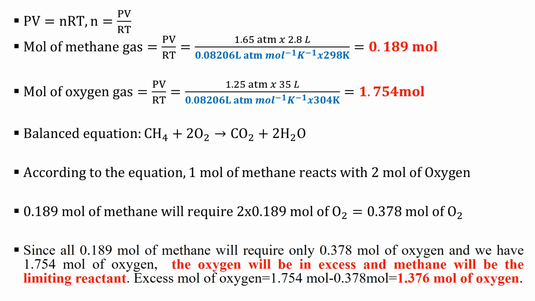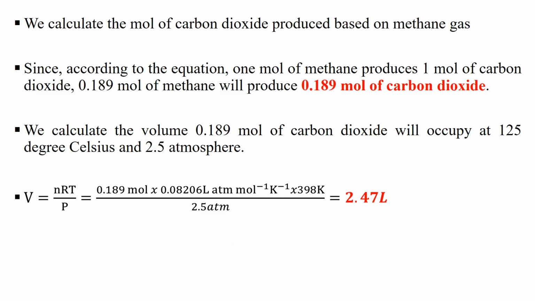So now, after getting the limiting reactant as methane, we can use it to calculate the amount of carbon dioxide produced. According to the equation, 1 mole of methane gas produces 1 mole of carbon dioxide, which means that 0.189 mole of methane will also produce 0.189 mole of carbon dioxide. After getting the moles of carbon dioxide produced, you calculate the volume they will occupy.